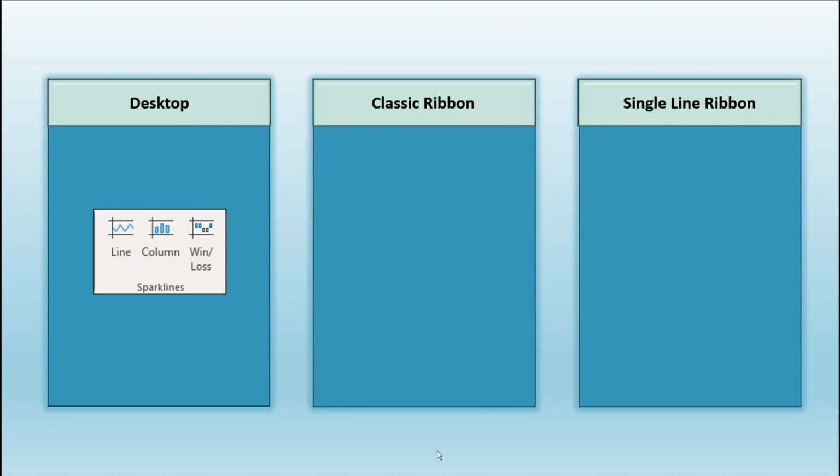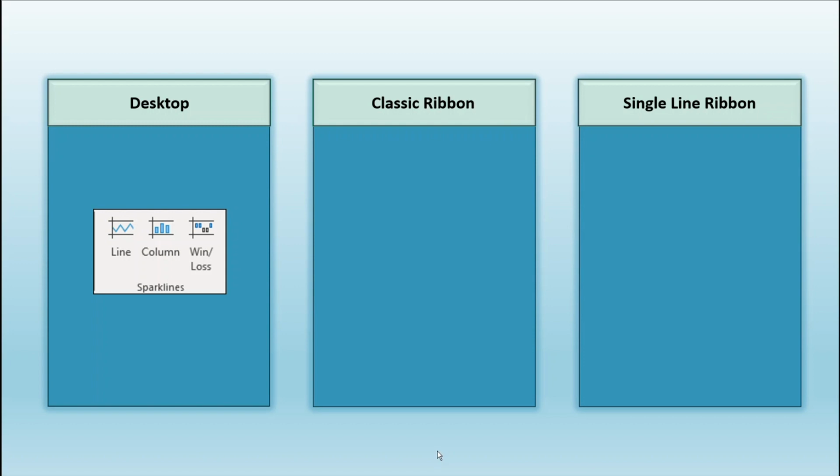Sparklines are something that can be added to your spreadsheet. They are really small charts. You select your data, and it draws a really small, very specific kind of chart in the same row as the data you have selected.